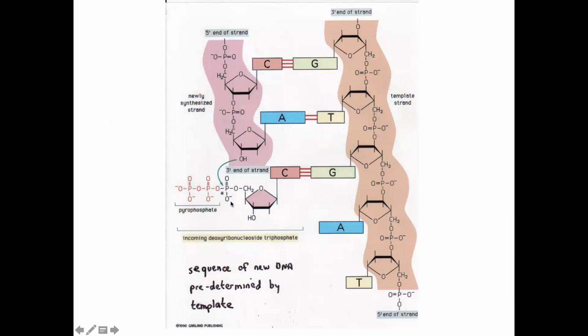So again, the point of that is, as it says down here at the bottom, the sequence of new DNA being synthesized by the DNA polymerase is predetermined by the sequence of nucleotides in the template strand. And that's what leads to faithful replication. That's how this enzyme can faithfully replicate an original double-stranded DNA molecule to make two daughter molecules that are exactly the same in base pair sequence as that original molecule.